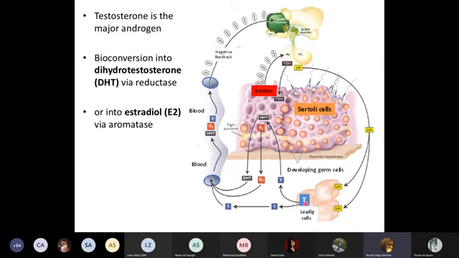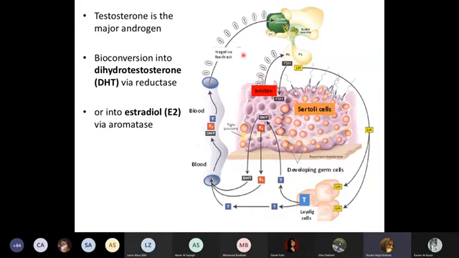Okay, so this testosterone is produced by the Leydig cell. It can either diffuse into the Sertoli cells, or it can pass through the blood. We will see this in a few minutes. Why is it important for testosterone to travel through the blood?